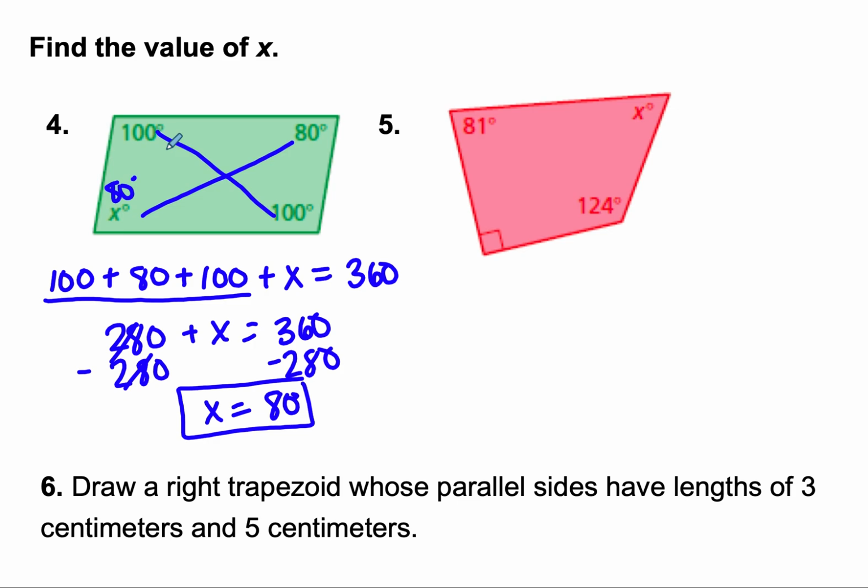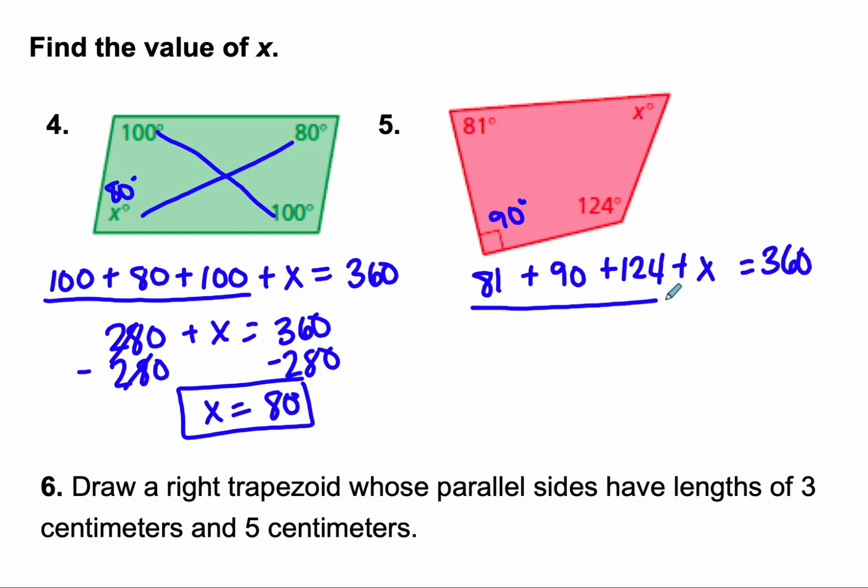All right, let's take a look at number 5. Don't forget about this one in the corner, that's going to be 90 degrees. So we're going to write 81 plus 90 plus 124 plus x equals 360. All right, so I'm going to add the 3 that are together on the same side of the equation.